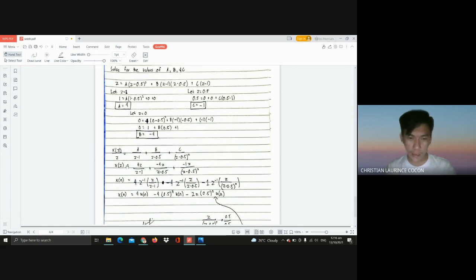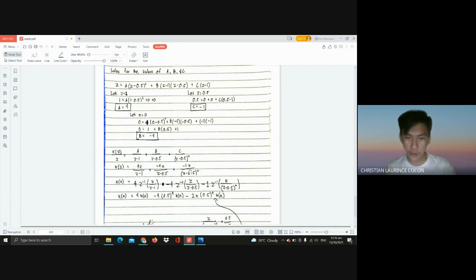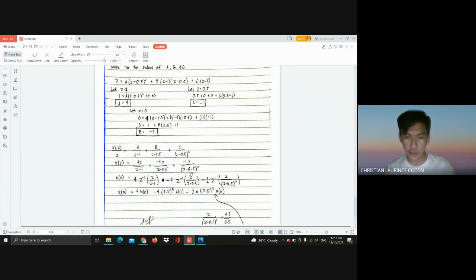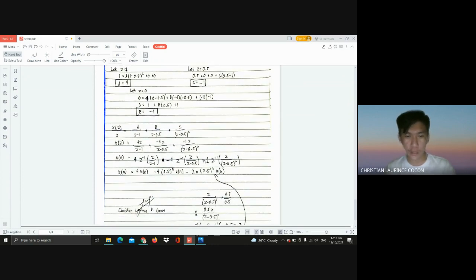What I did is multiply both sides by z, then substitute the values of A, B, and C. So we have X(z) is equal to 4z over z minus 1 plus negative 4z over z minus 0.5 plus negative 1z over (z minus 0.5) squared.